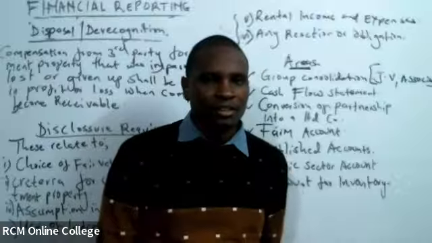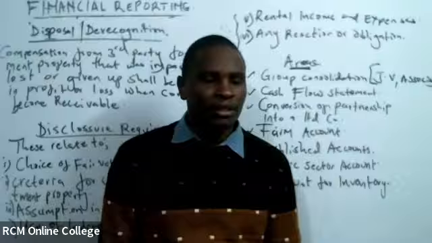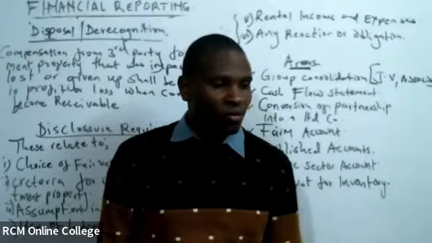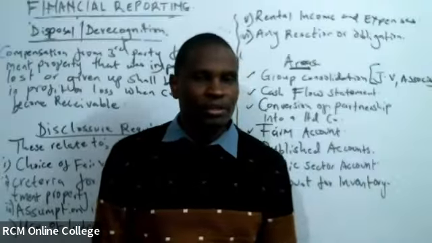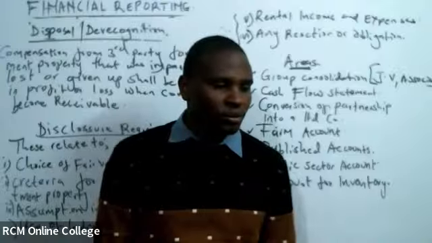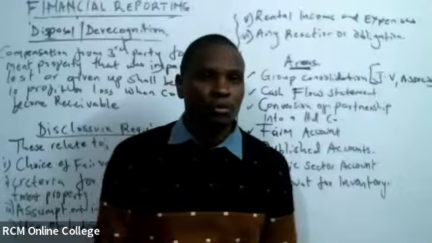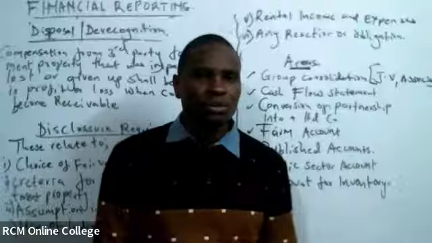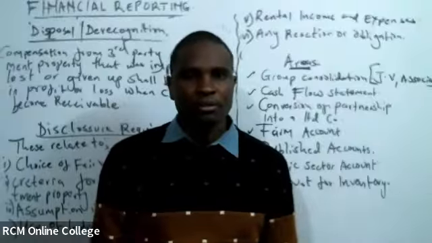In such a case, class, are we supposed to apportion the items of our subsidiary company, where the acquisition takes place at the start? We are not supposed to apportion, because whatever revenue and whatever expense was incurred, it was incurred for the whole year.